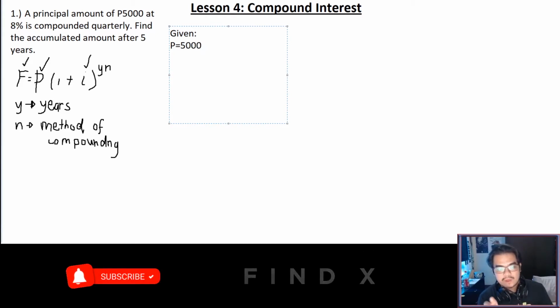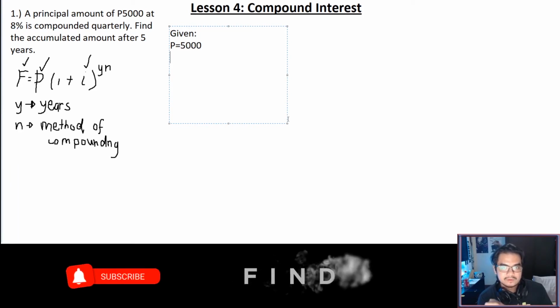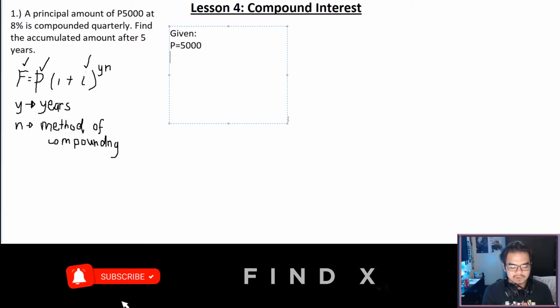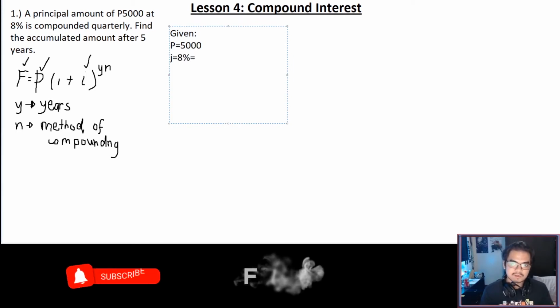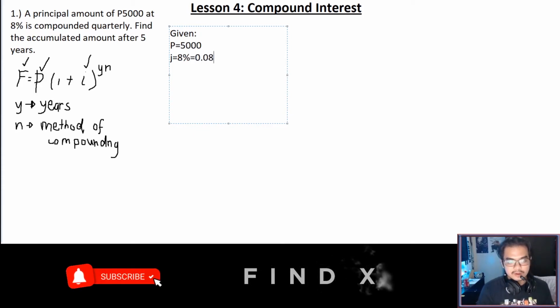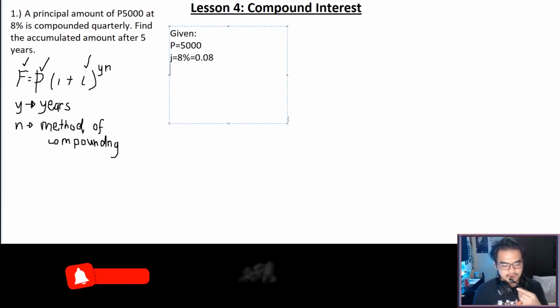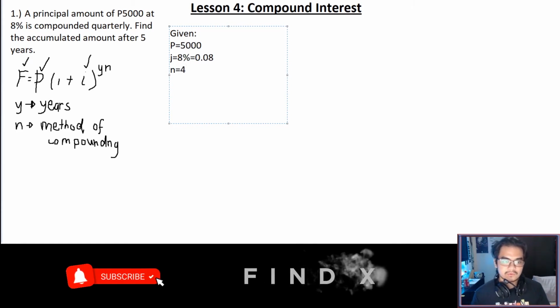We have the word compounded, so you must know that the 8% is a nominal rate of interest. The symbol we use there is j. We cannot use 8%, we have to convert it into decimal, so that is 0.08. Compounded quarterly means the method of compounding is quarterly, therefore the value of n is 4.